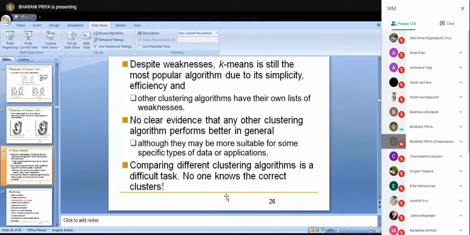Comparing different clustering algorithms is a very difficult task because no one knows which is the correct cluster, because according to the problem statement or your data set, some clusters may be better than others. It depends upon the data set you are choosing.